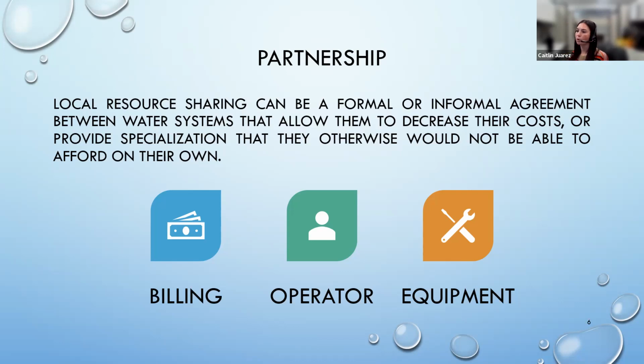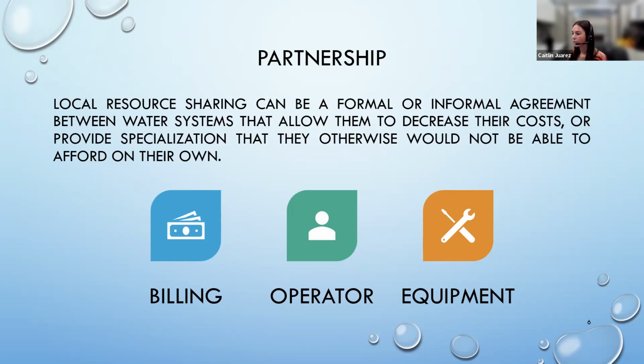As an example of this type of partnership, we could have 3 nearby small water systems that all may need billing services, operators, and specialized equipment.